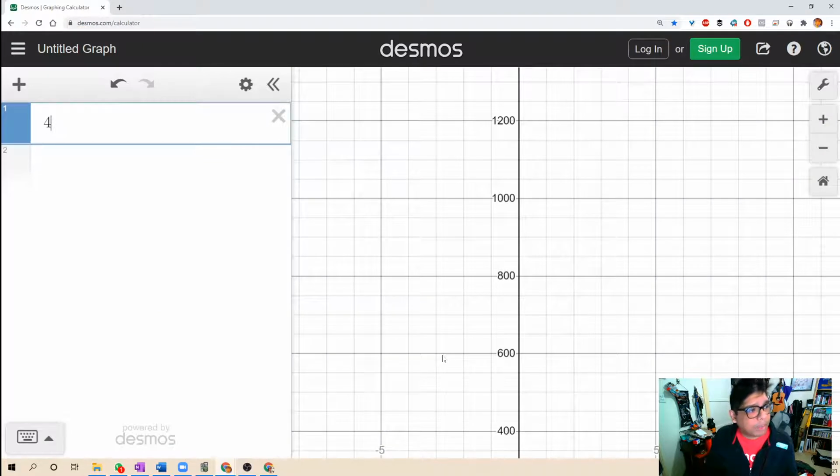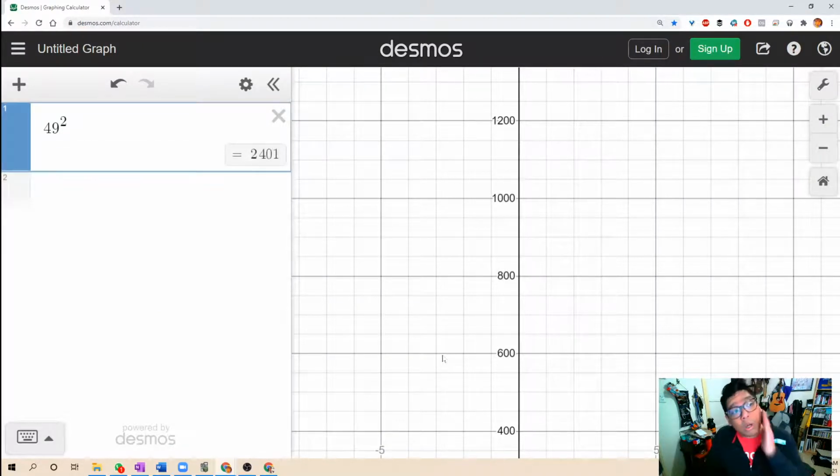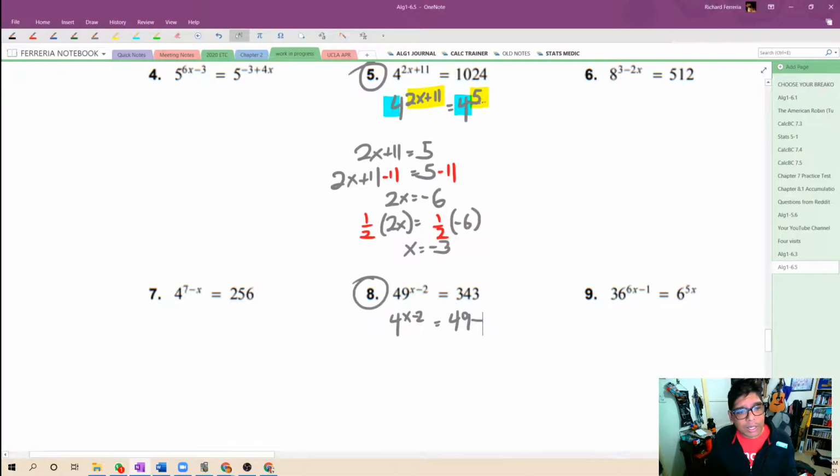Over here on Desmos, let's do 49 to the second power, and whoa! I've overblown it. That's 2,401. And I only needed to get to 343. So that's a problem. There's no power that works. So the next thing I'm going to notice is 49 is actually 7 times 7.